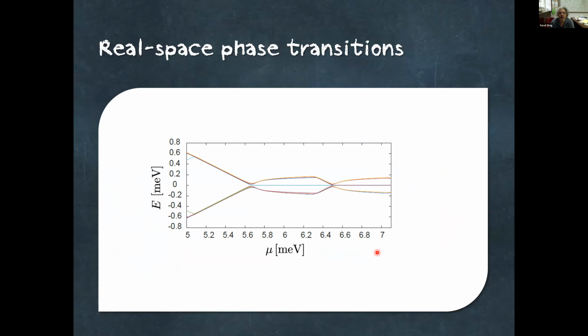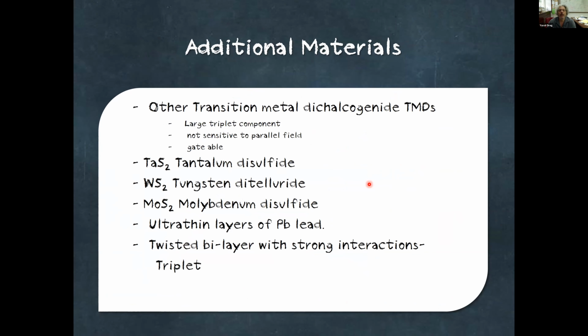So in fact, what we see here is one topological state and a transition, which is non-topological, and in this case to another topological state. So it seems to work, at least in theory.